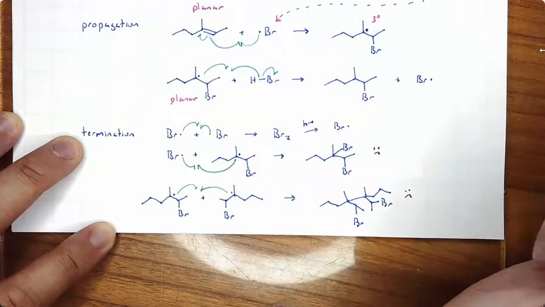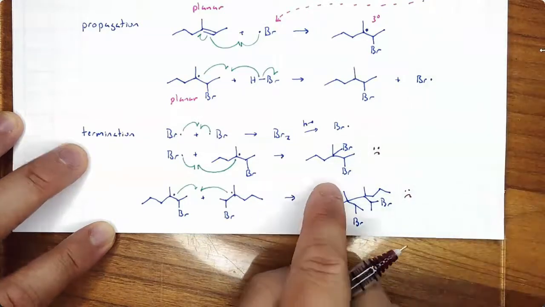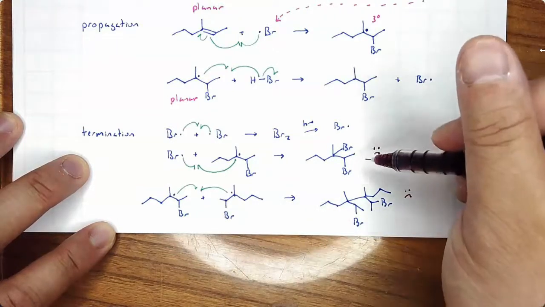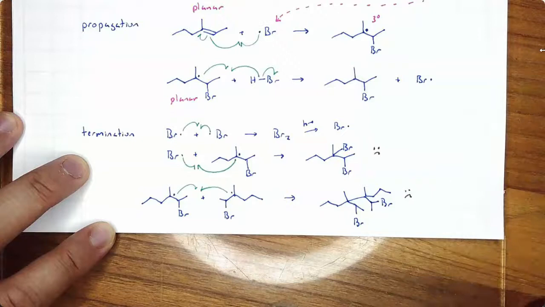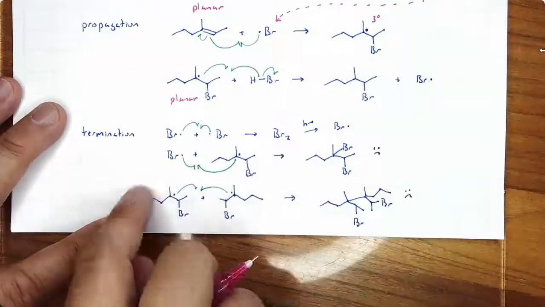So unlike Br2 addition or radical halogenation with an alkane, where you can get the product also from the termination step, here we can't get the product via the termination step. So it is imperative that we keep the radical concentration low to avoid termination.